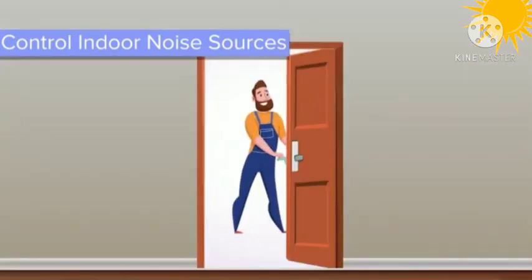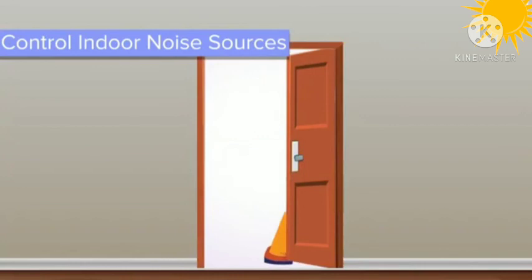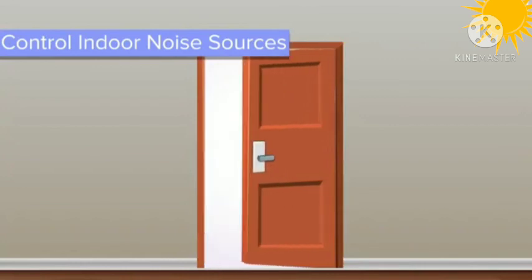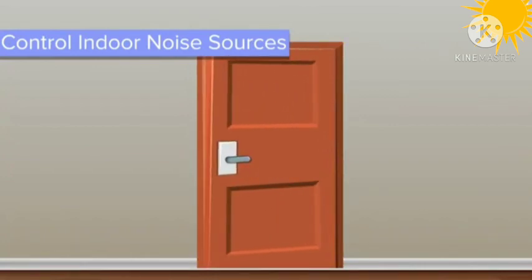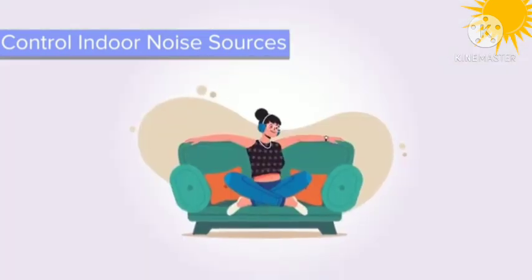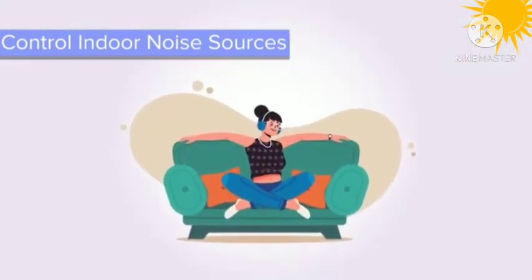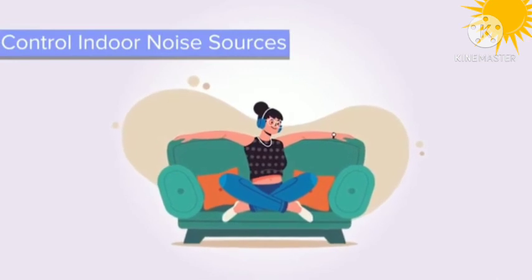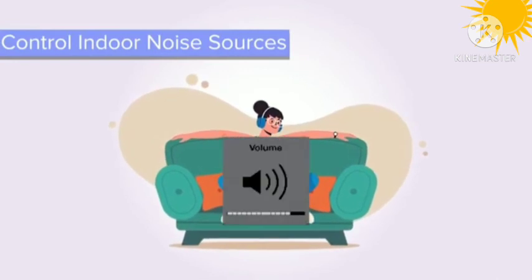Turn off the appliances when not in use. Close the door when using noisy appliances so it does not cause disturbance to others. Even while listening to songs using your phone, it is suggested to keep the volume low.